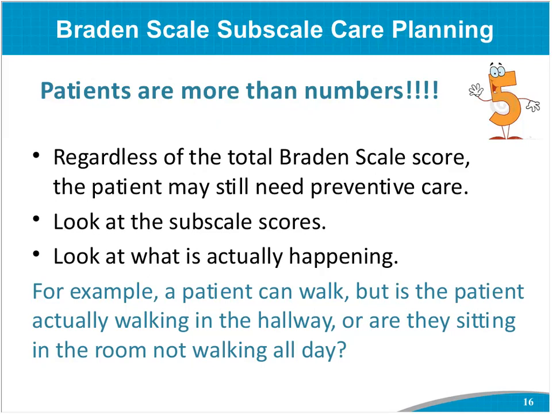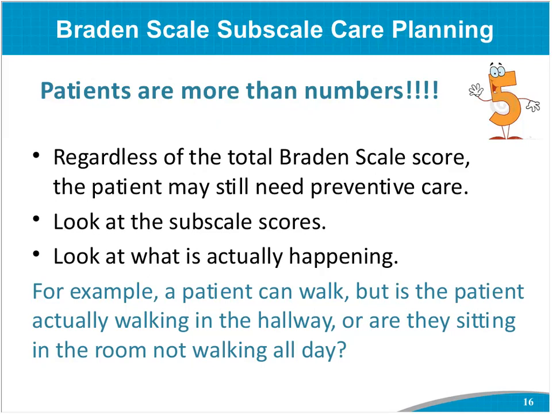And then I think the other area that we sometimes have difficulty with is looking at what's actually happening. So, let's say a patient has the ability to walk, so maybe you gave them a high score on the activity area of the Braden scale.